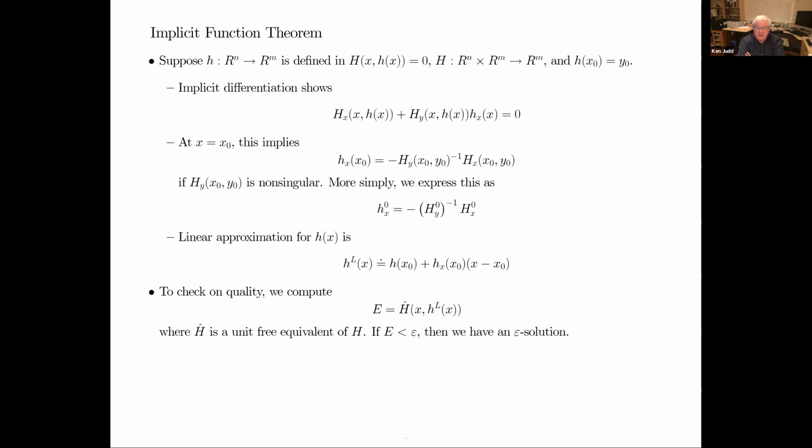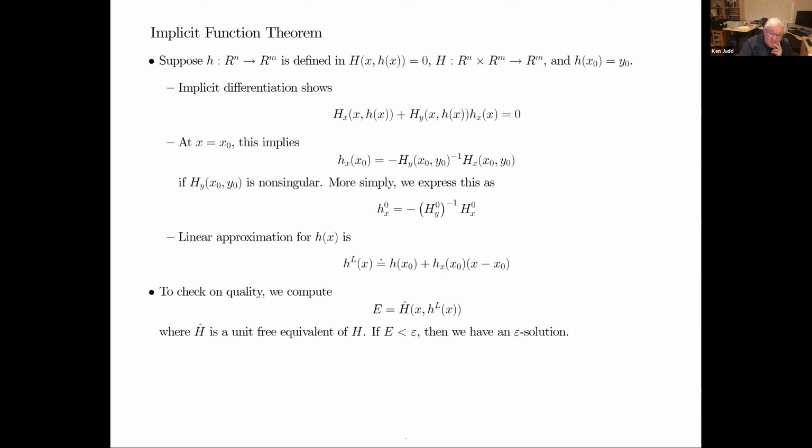So big H takes an n-dimensional x, and then h of x is m-dimensional. So big H has an n-dimensional x, an m-dimensional h, and you have an m-dimensional output.